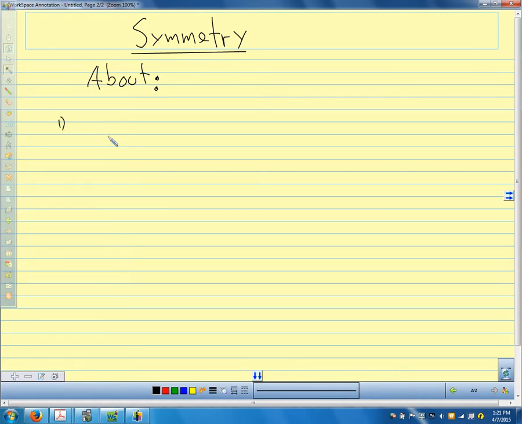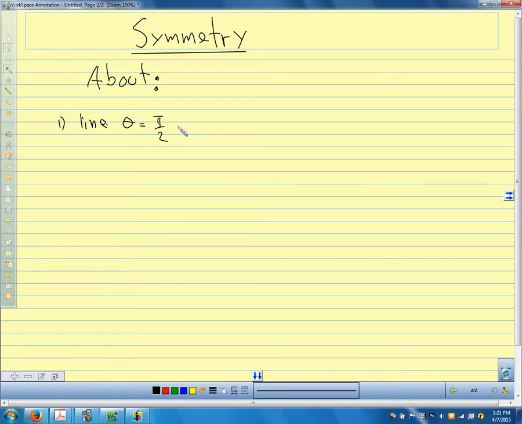We're going to talk first about the symmetry about the line theta equals pi over 2. Well, first off, what is the line theta equals pi over 2? In polar coordinates, it's like the y-axis, the vertical axis.